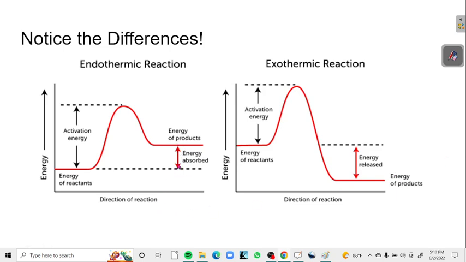This is the enthalpy, energy absorbed, endothermic reaction. This is the difference in energy between the reactants and the products, the energy release, enthalpy for the exothermic reaction.